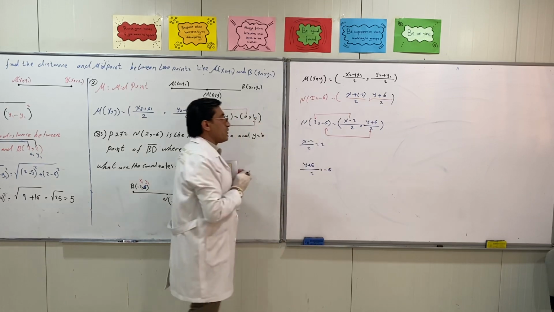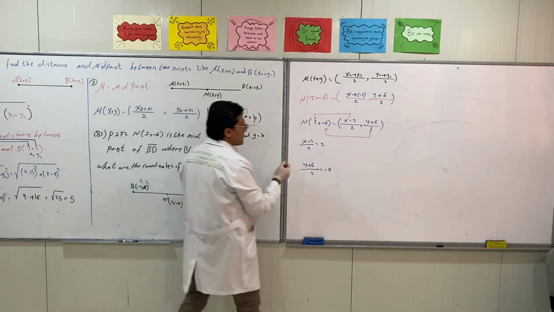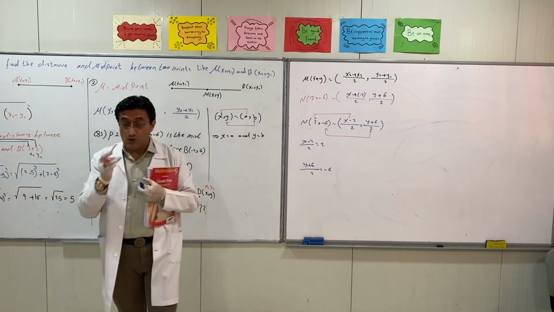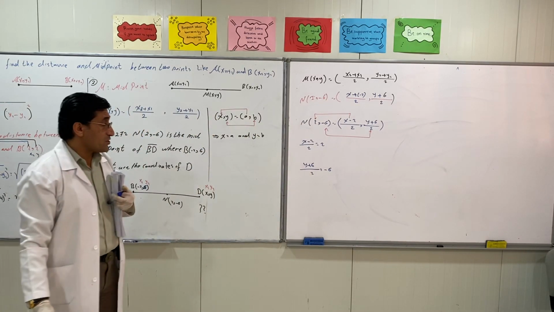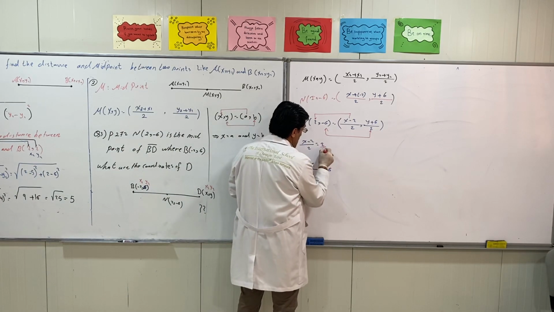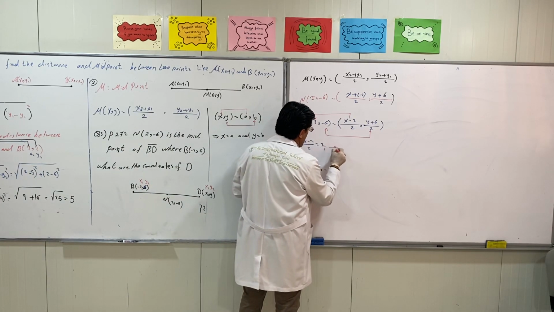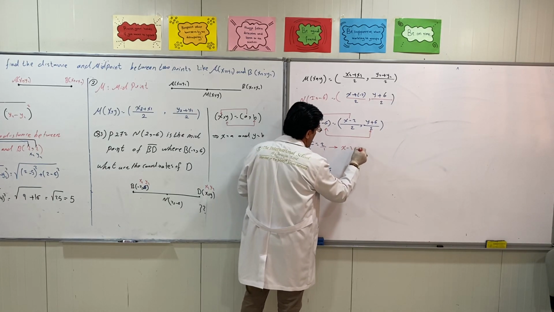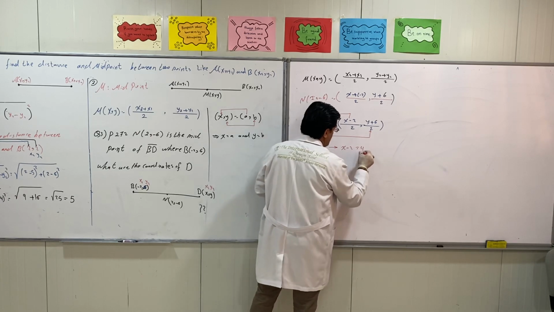Now solve the two fraction equations. As I said in the last lesson, when two fractions are equal, use the cross product. 2 is 2 over 1. So (x minus 2) times 1 equals 2 times 2, so x minus 2 equals 4.